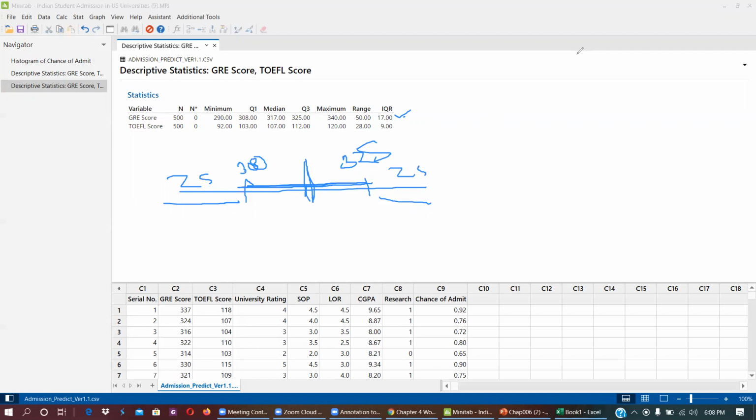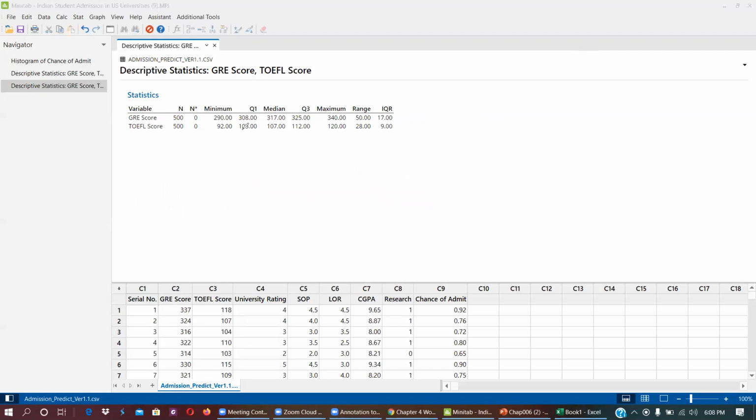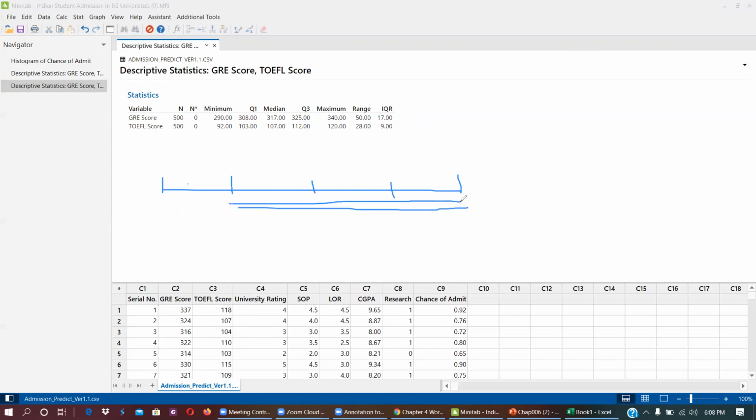Now, another question is top 75%. What is the top 75% I'm asking? This is bottom 25%. This is 50%, 75. I'm asking top 75%. This is top 75%. So this is basically a quartile 1. This is quartile 2. This is quartile 3. This is minimum. And this is maximum.